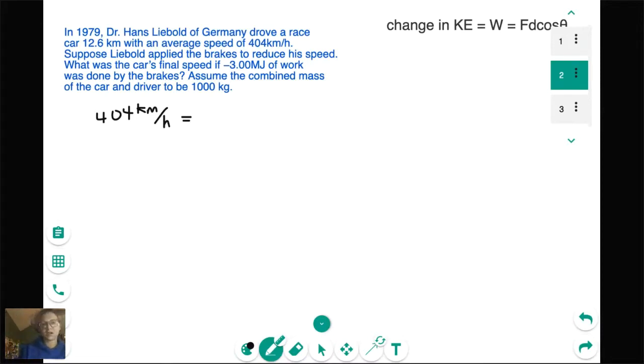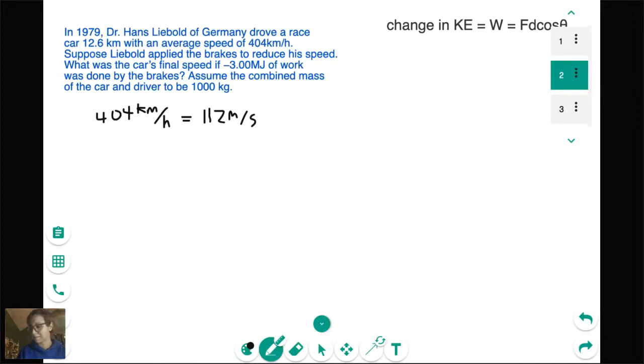So if you are not sure how this conversion would be done, then you can check that out. Also, you can't do this on the AP exam, obviously, but if you had a problem like this for your homework, I guess unless your teacher specifically tells you otherwise, it's generally okay to just Google this. So 404 kilometers per hour is 112 meters per second.